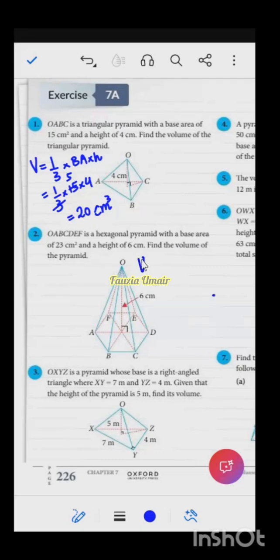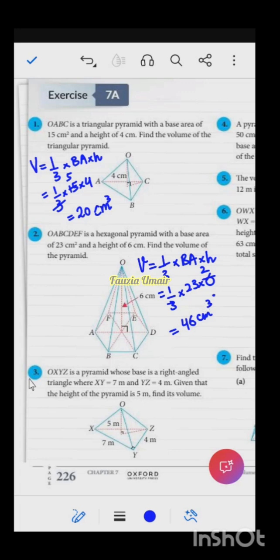Again, a very straightforward question, the kind that comes in the paper as well. 1/3 base area multiplied by height: the base area is 23 and the height is 6. You can cancel the 3 with 6. 3 twos are 6, and the answer is 46 centimeter cube. So the volume of this hexagonal pyramid is 46 centimeter cube.